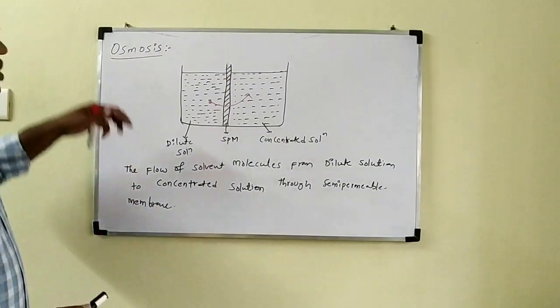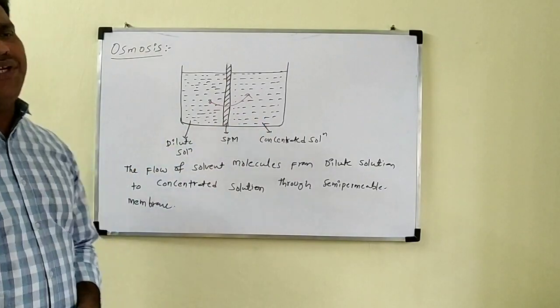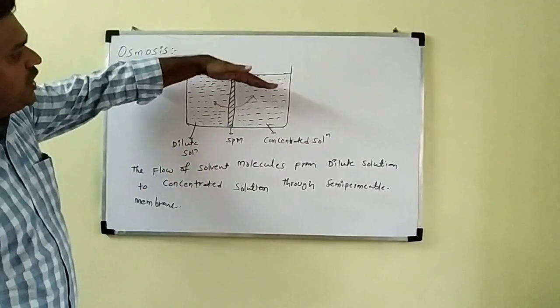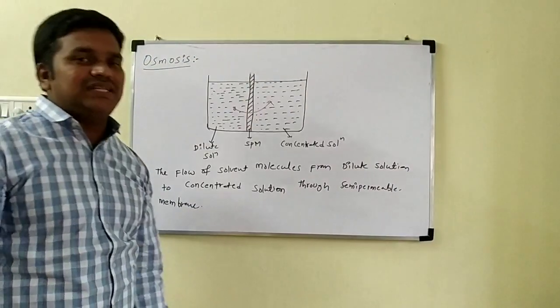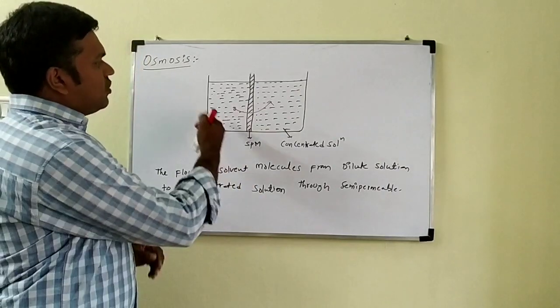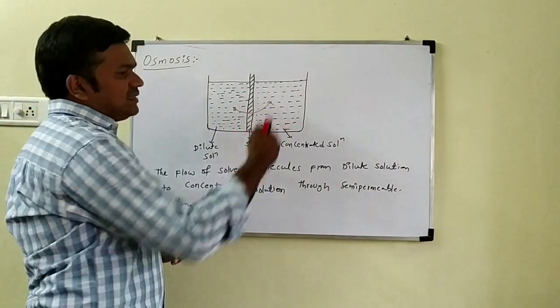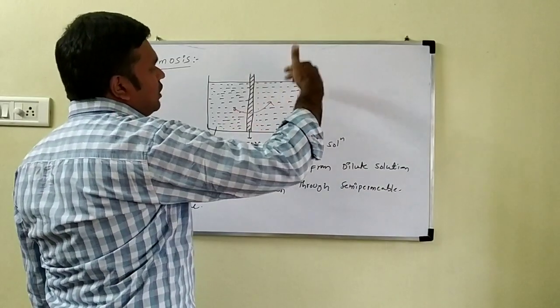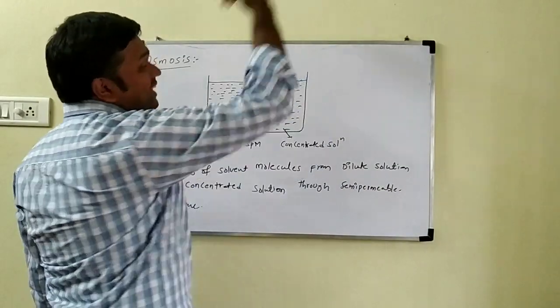If the process continuously takes place, then what happens here? The volume of the solution increases in the concentrated solution. Whenever the flow takes place from dilute solution to concentrated solution, the flow of solvent molecules into the concentrated solution increases.